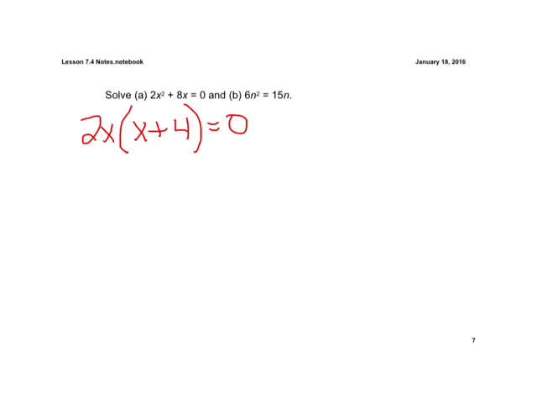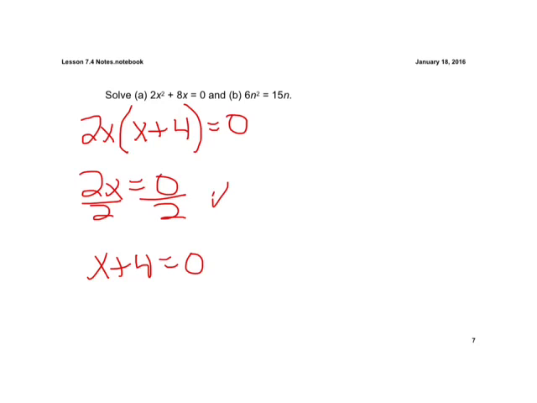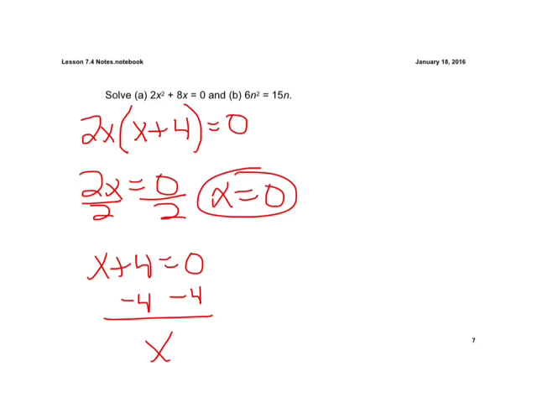Now back to our core concept, our 0 product property. If we set them both equal to 0, 2x equals 0, and x plus 4 equals 0. And solve. Do the opposite operation, divide by 2, so x equals 0. That's one root. Subtract 4, so x equals negative 4. And we have our two roots, x equals 0, x equals negative 4.